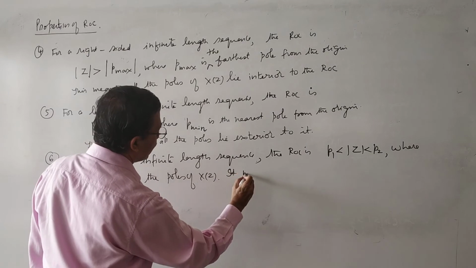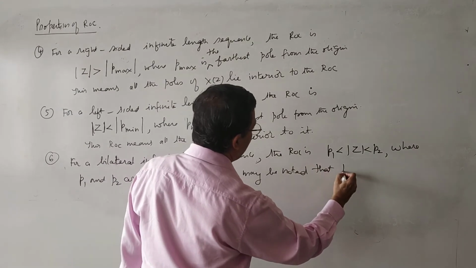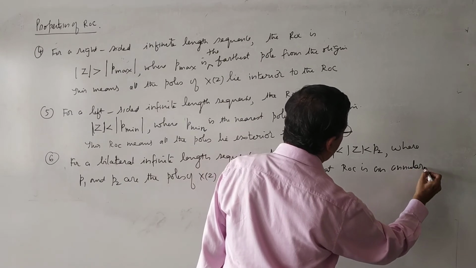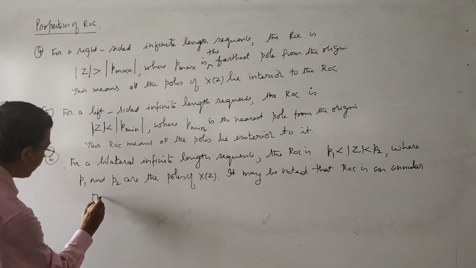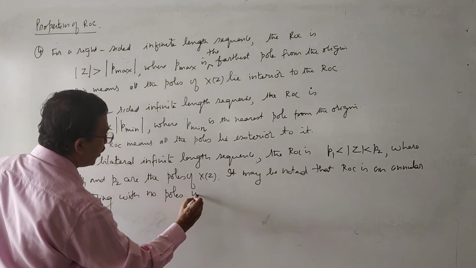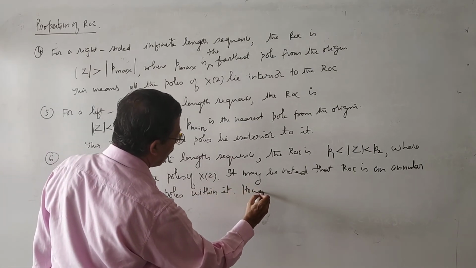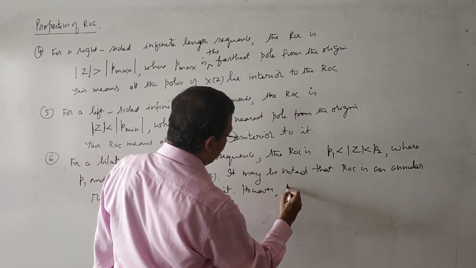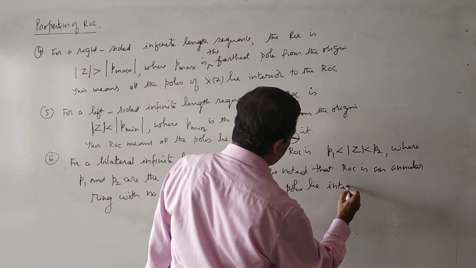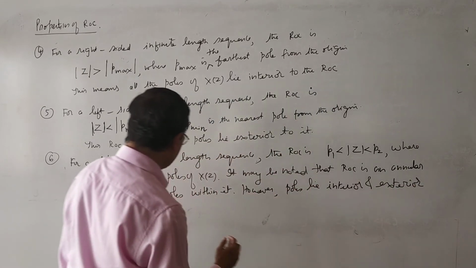It may be noted that the ROC is an annular ring with no poles within it. However, poles lie interior and exterior to the ROC.